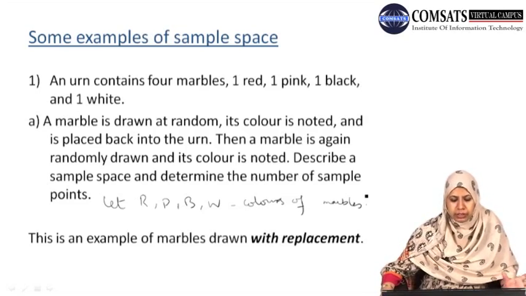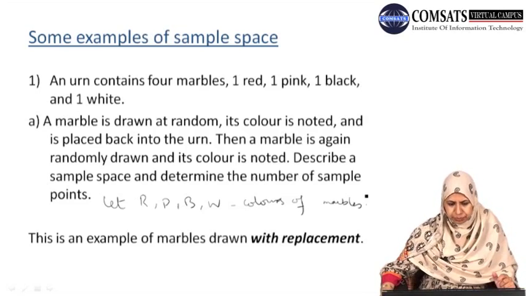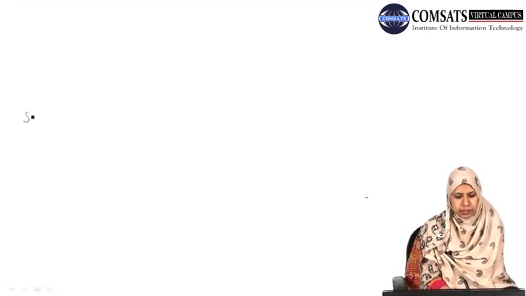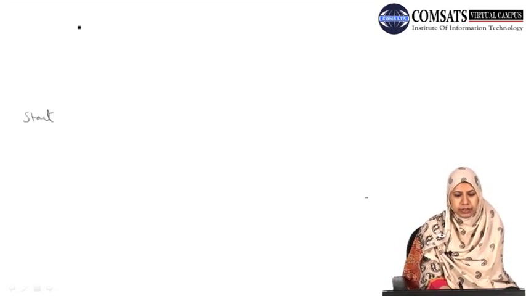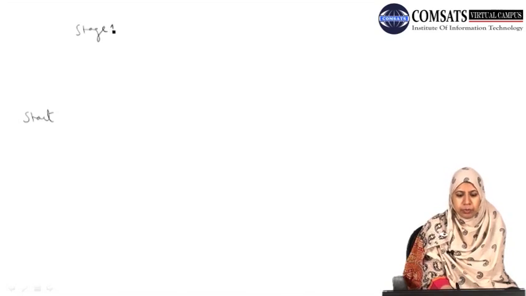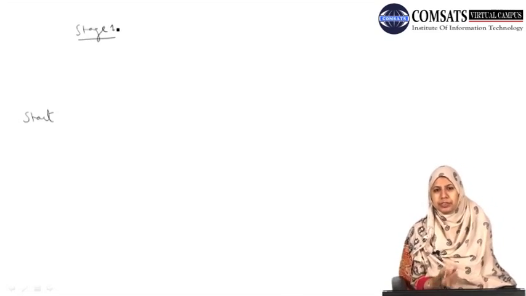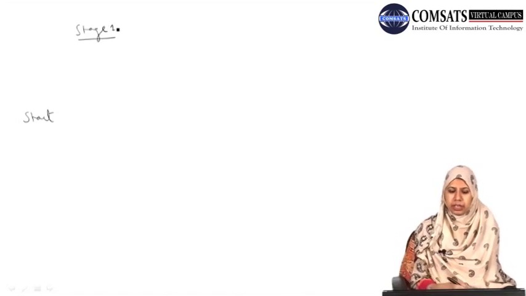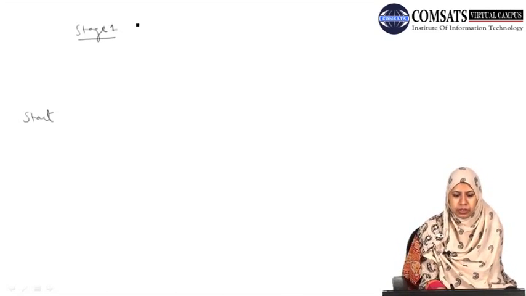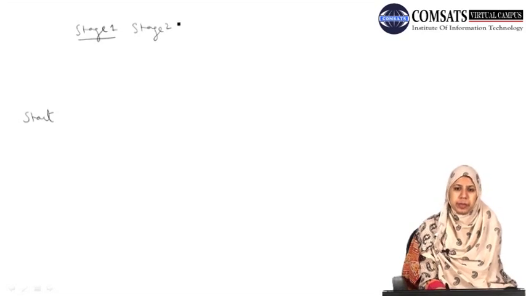So what will be the sample space in this case? We will use our tree diagram to define our sample space. Suppose we start from here, and we will perform this experiment only twice. That is, we will take out 1 marble, put it back, and then take out 1 marble again. So we have 2 stages of our experiment.